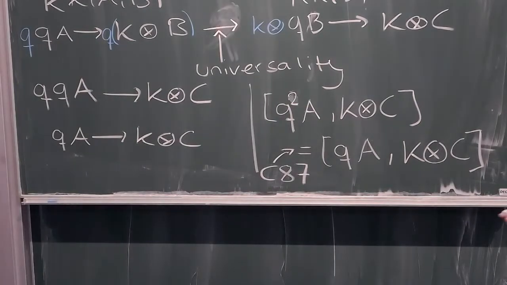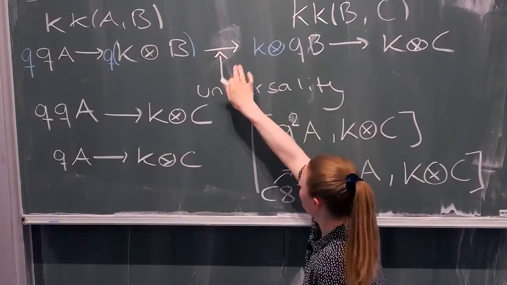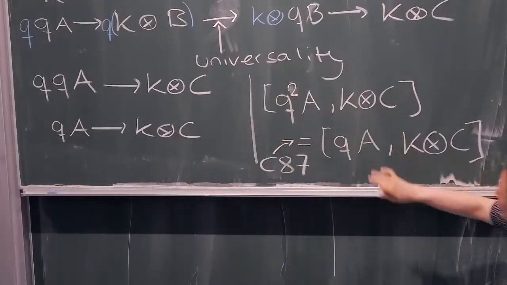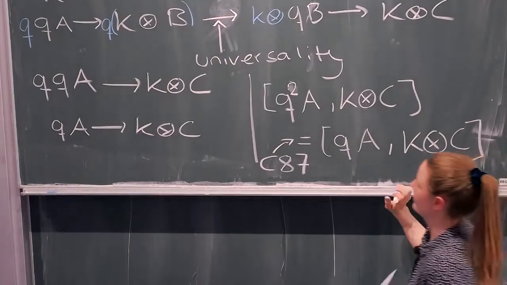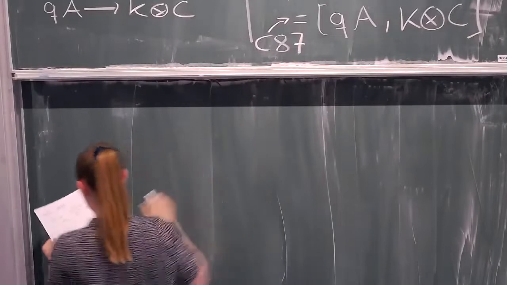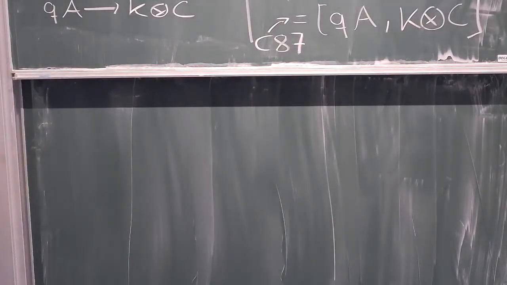But as you see, the rest of it, getting a map from here to here, will follow by the universality condition. And then it boils down to proving that this is true. And then he also proves, of course, that defining the product in this way gives us a bilinear and associative product.